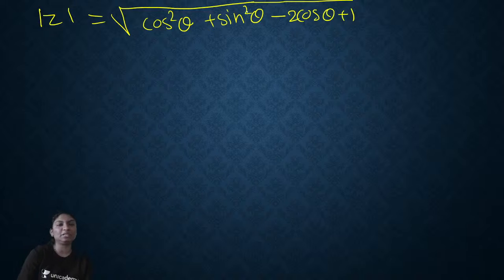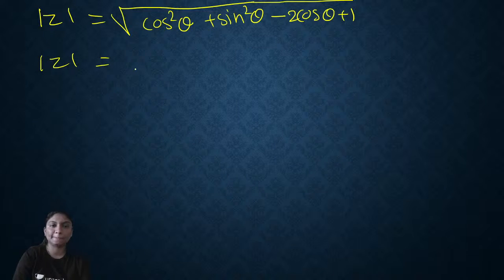But cos square theta plus sin square theta बन जाएगा 1, 1 plus 1 2, so ये क्या बन जाएगा 2 minus 2 cos theta, 2 into bracket 1 minus cos theta.